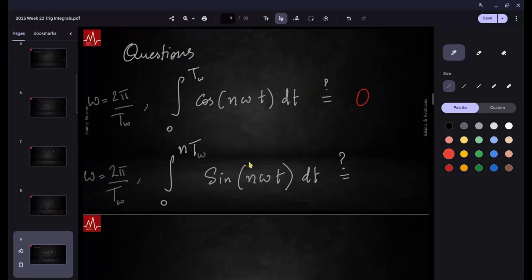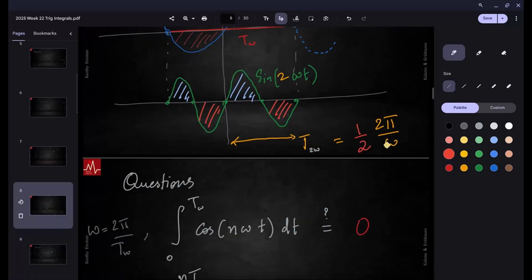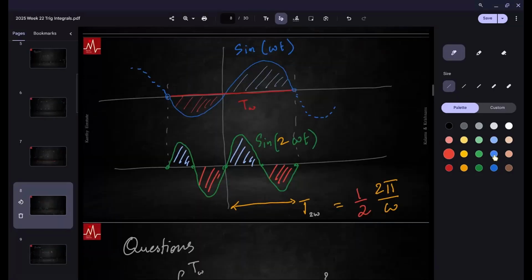The second is also 0. This is the multiple repetitions, because now sine n 2 pi is 0. Add more here, things will get cancelled. Two complete periods, they will cancel, right?